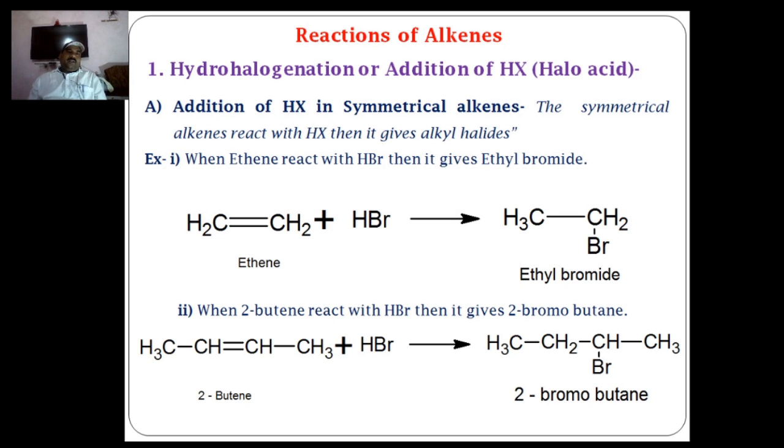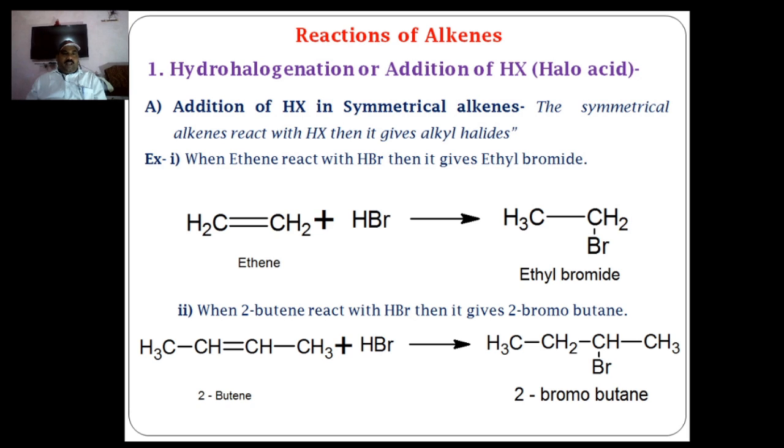Now the first chemical reaction: hydrohalogenation of alkene, or addition of HX, which is also known as addition of halo acid. Hydrohalogenation means addition of hydrogen as well as halogen.